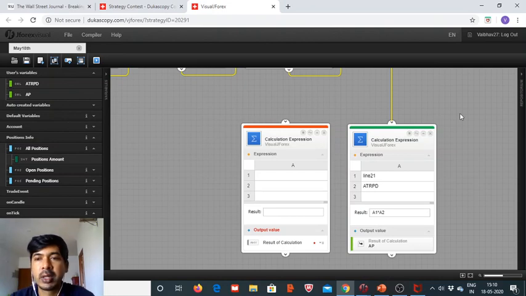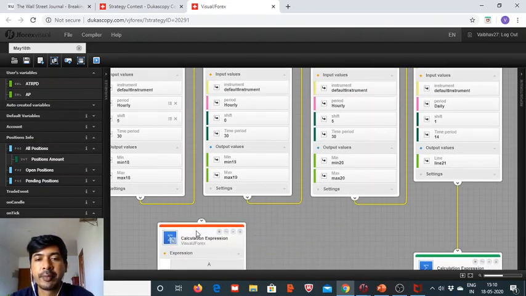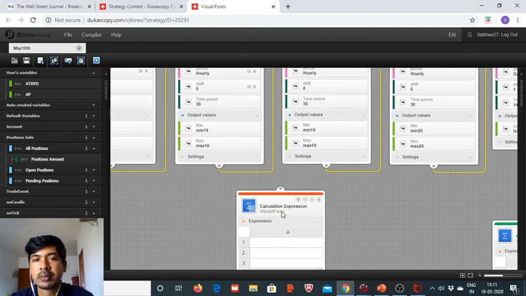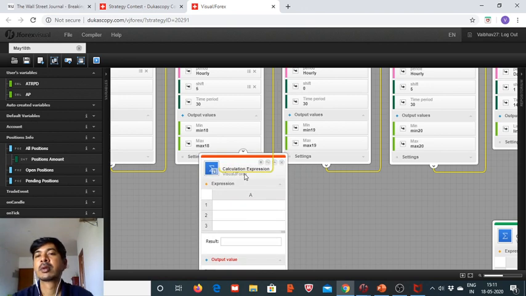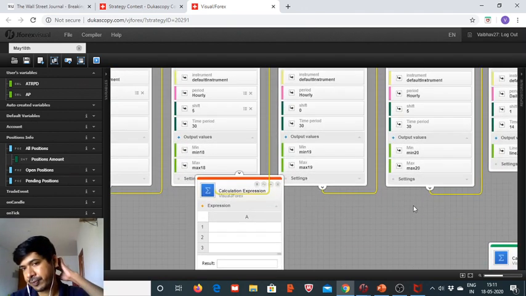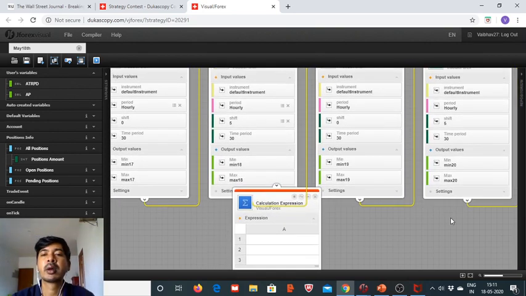We want to take the maximum price, and the current value will need to be taken into account.